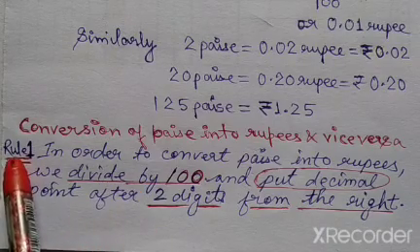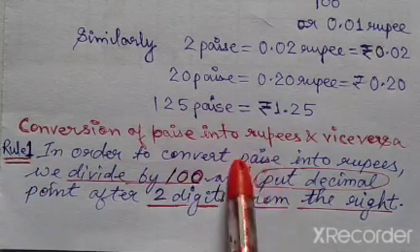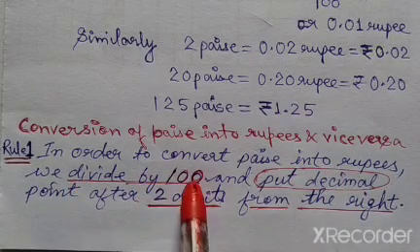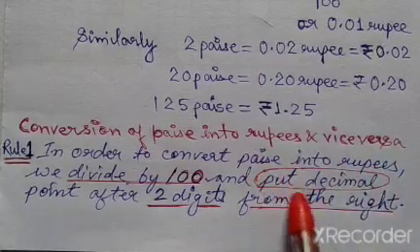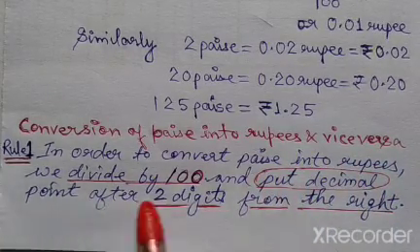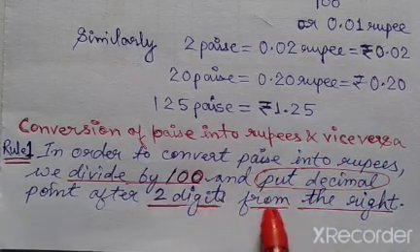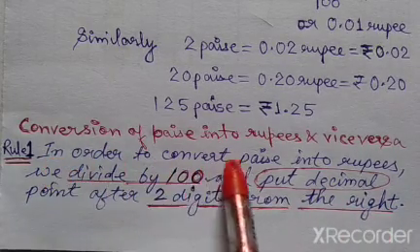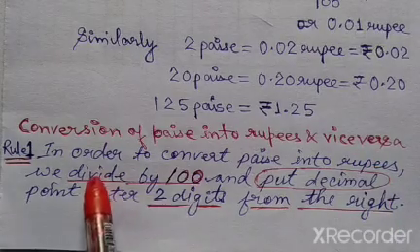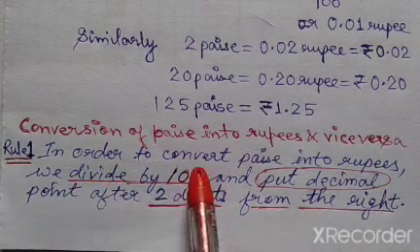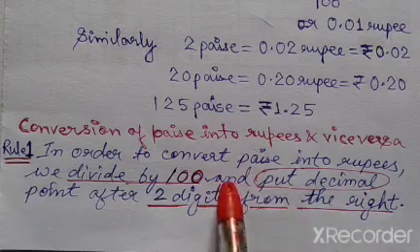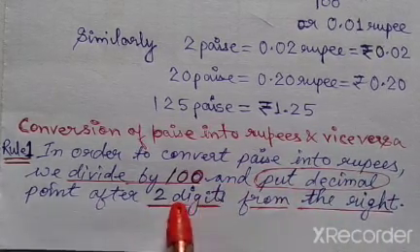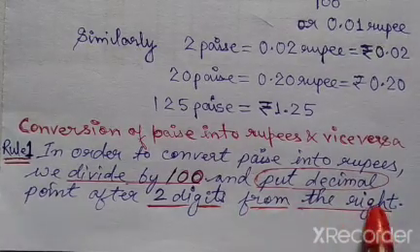So, what is the rule children? In order to convert paise into rupees, we divide by 100 and put the decimal point after 2 digits from the right. Again I am repeating, this is a very important rule. We divide by 100 and put the decimal point after 2 digits from the right.